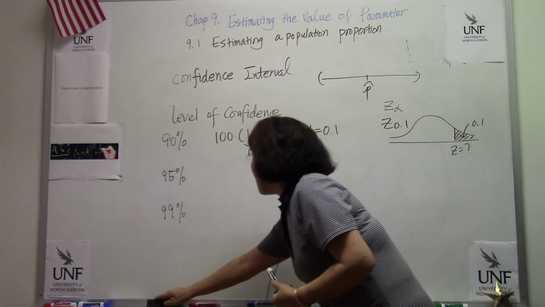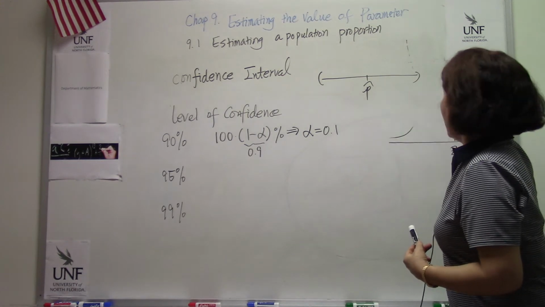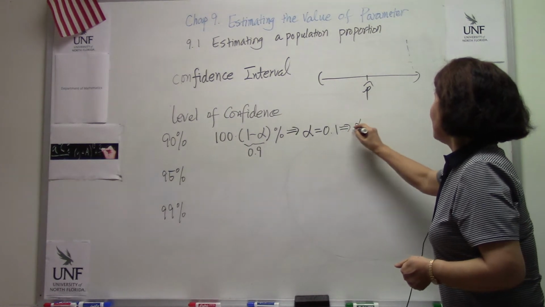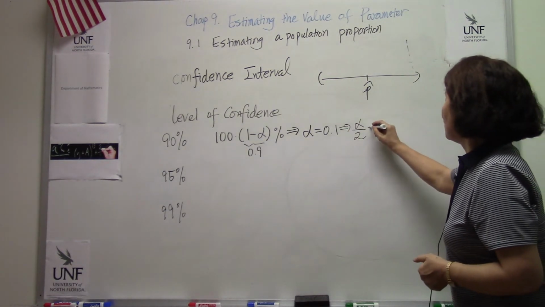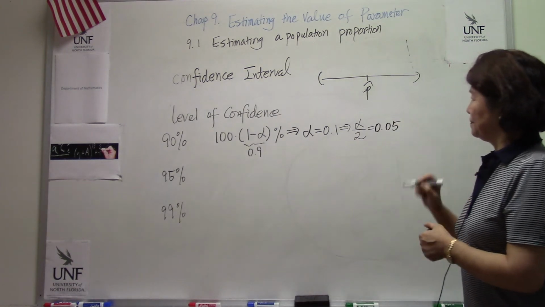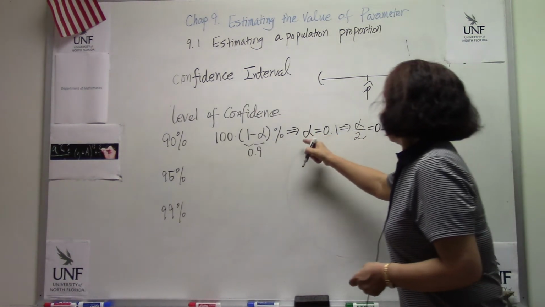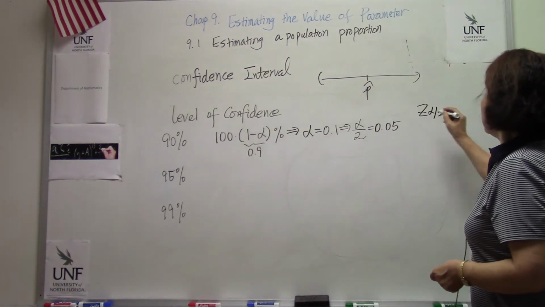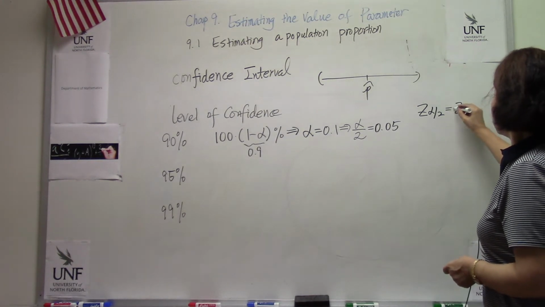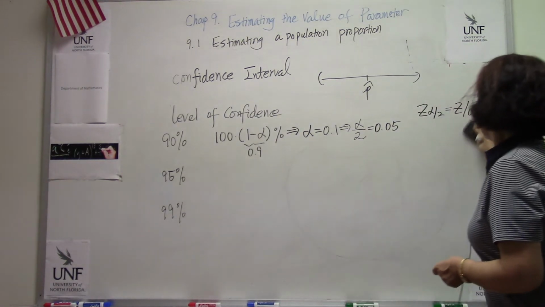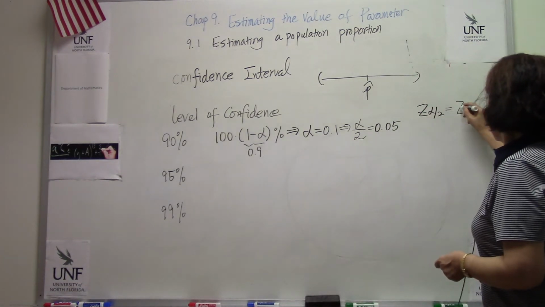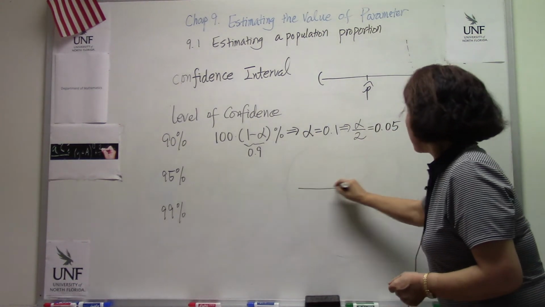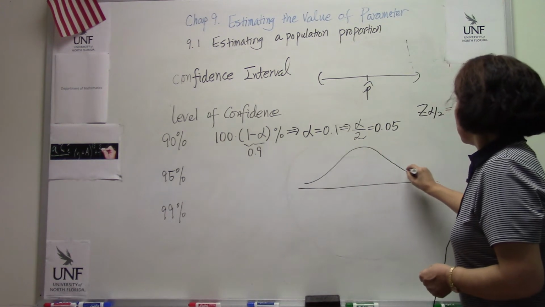But in the confidence interval context, we take half of alpha, and I'm going to show you why. Alpha over 2 is 0.05, so we use z sub alpha over 2, which is z sub 0.05. Why do we split it?